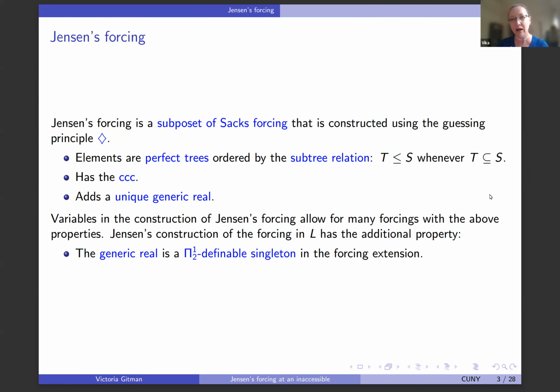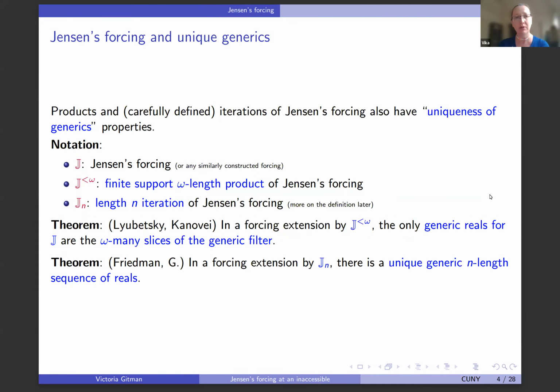So there isn't one such forcing, there are multiple, and I'll point out what those variables are once we get to the construction. But Jensen's particular construction and the fact that he worked in L gives one additional property. And that is that this unique generic real is a Pi^1_2 definable singleton, and this is the property that Jensen was really after. We will see that in the applications.